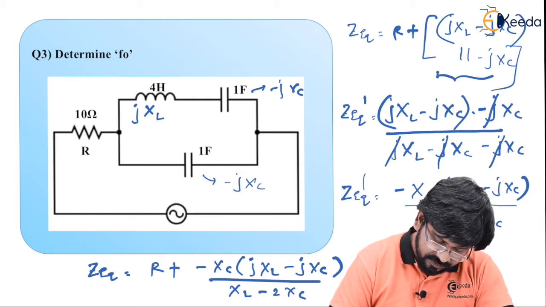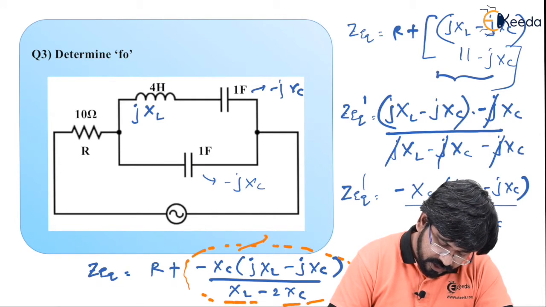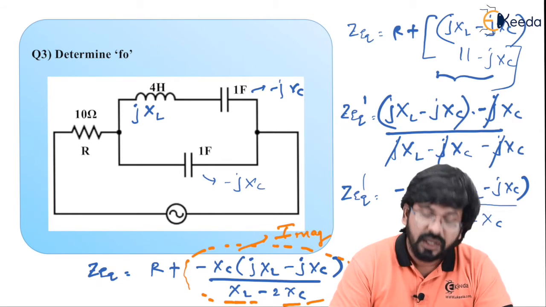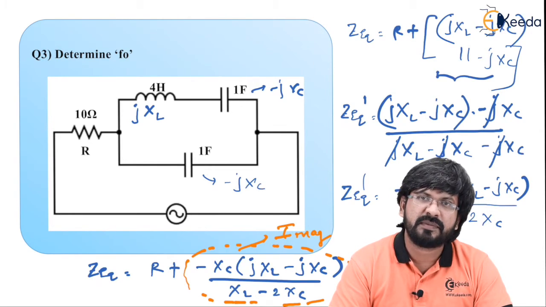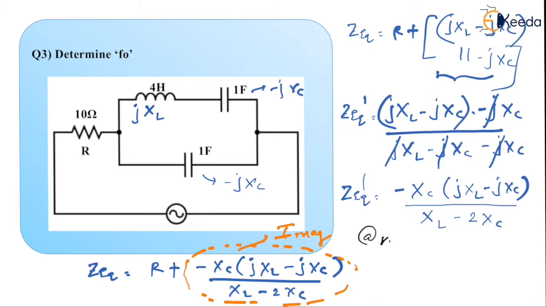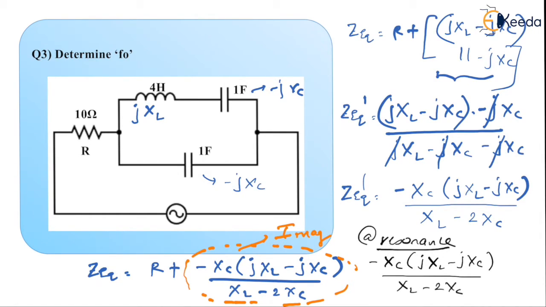I can in fact say the second term is an imaginary term. At resonance, imaginary part becomes 0, which means minus XC into JXL minus JXC whole divided by XL minus 2XC equal to 0. So what will happen?